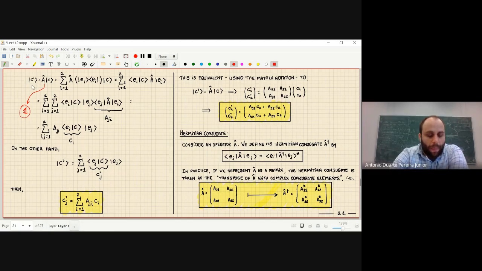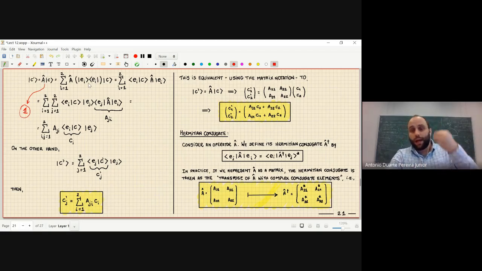So I just wrote the vector C prime as being A hat acting on C, and then I said, look, I can put an identity here, and I wrote the identity using the projectors, which is the sum of the projectors, and then I just used the definition of the outer product.